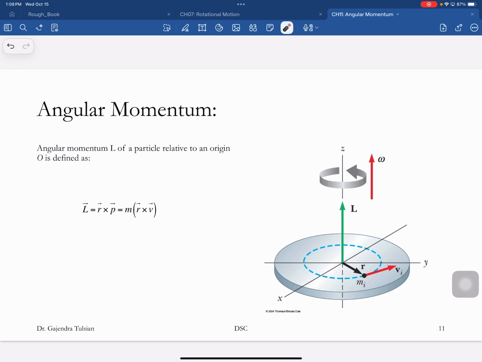So about this point, the angular momentum of this piece is R cross P, where P is its linear momentum. R cross P is a vector in that direction. So the angular momentum of this piece is in this direction, and you can calculate the angular momentum of all the pieces, and you'll see that they're all pointing in that direction. The angular momentum of the total object is just the sum of the angular momenta of all those little pieces.